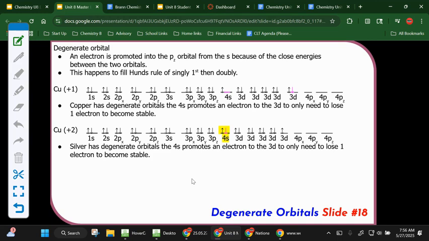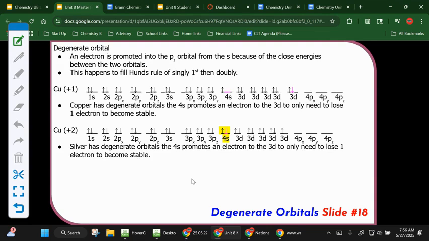What a degenerate orbital is, an electron sometimes will get promoted from one energy level to another, even if it's a little bit higher energy. And it happens because they're trying to not pair up in an area, or they're filled singly first and then doubly. So here's how we explain copper being a +1 ion. There are supposed to be 2 electrons here in the 4s.